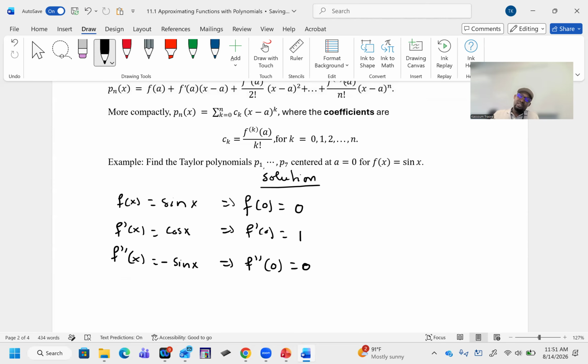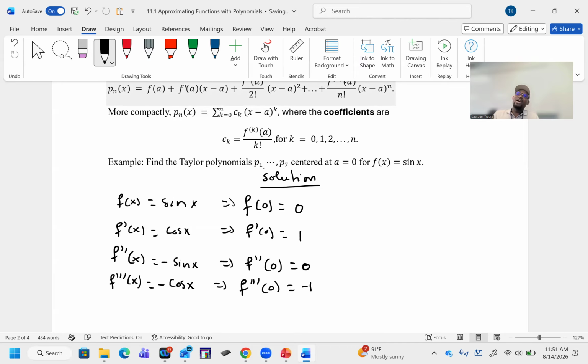The third derivative of f of x will be what? Negative cosine of x, so which means the third derivative of f of 0 will be -1.